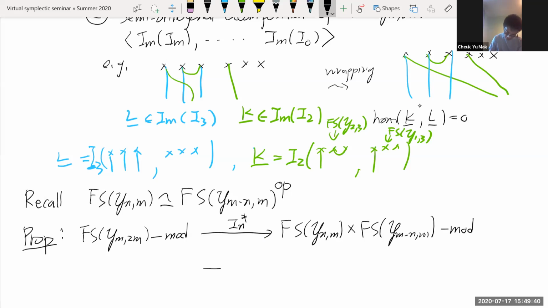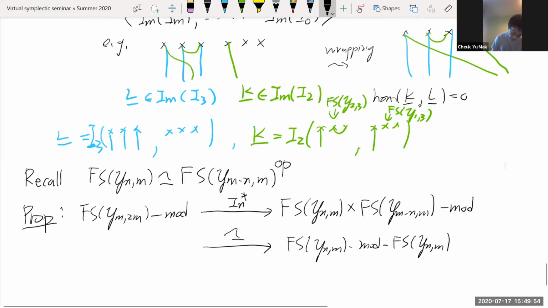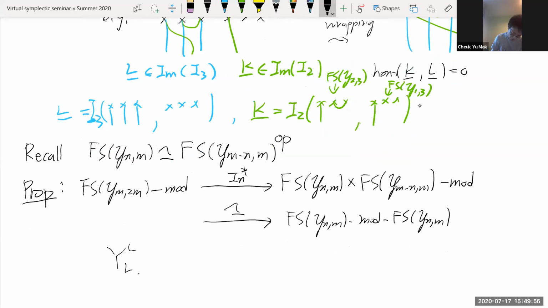But then it is the same as the bimodule over YNM. And the claim is that it sends the left Yoneda embedding of this distinguished Lagrangian to the diagonal bimodule over this Fukaya-Seidel category.